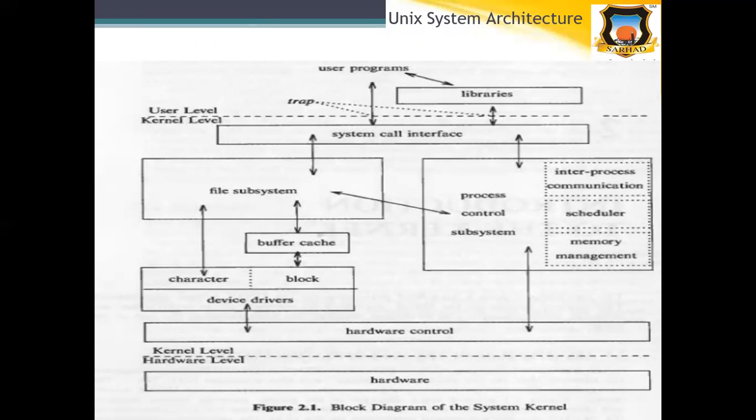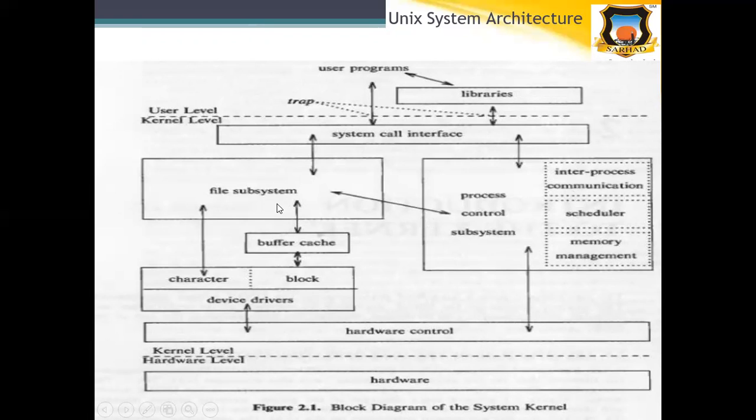Now there are two types of system calls: the system calls related to the file subsystem, and the system calls related to the process control subsystem. The file subsystem system calls are like read, open, write. In the process control subsystem, inter-process communication, scheduling, and memory management will be there.